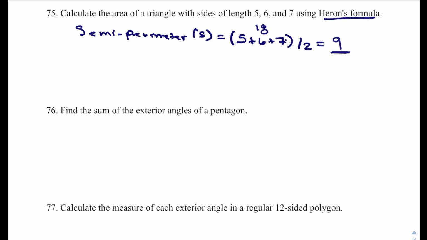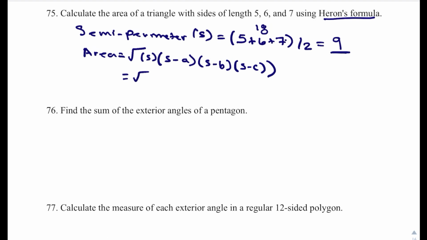Then what we do is the area equals the square root of the semi-perimeter times the semi-perimeter minus a, multiplied by the semi-perimeter minus b, multiplied by the semi-perimeter minus c. So let's just plug this in. We're going to get 9 times 9 minus 5 times 9 minus 6 times 9 minus 7.